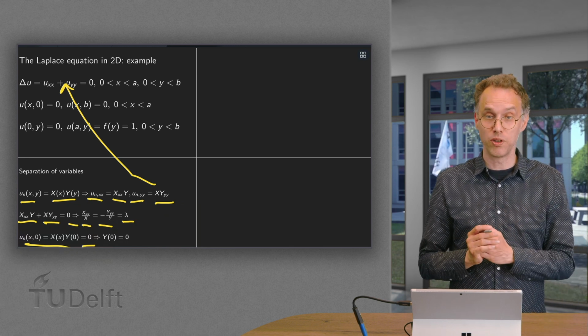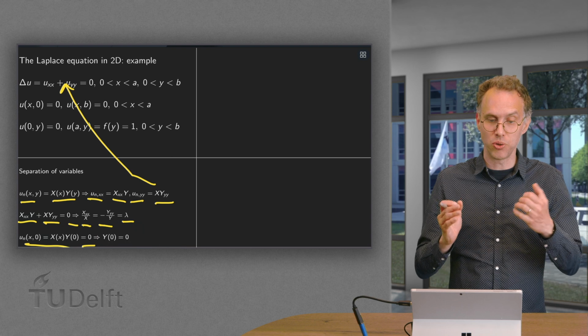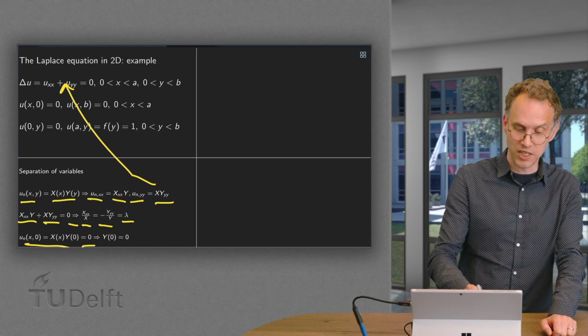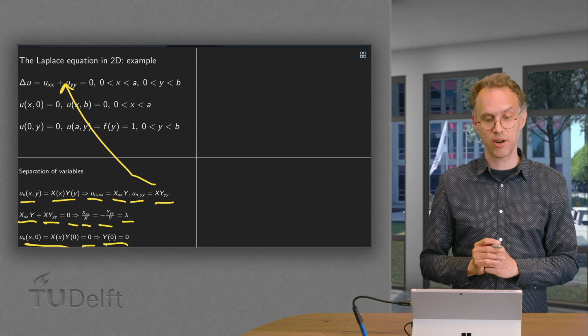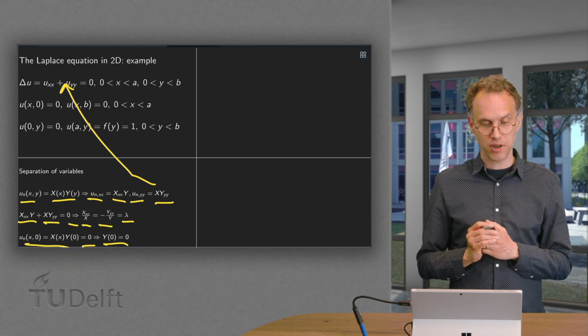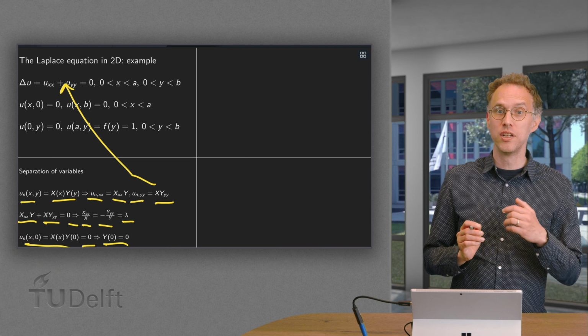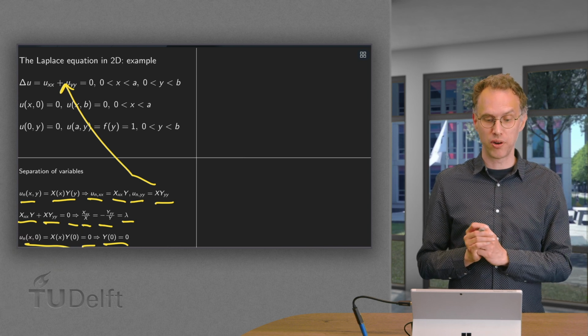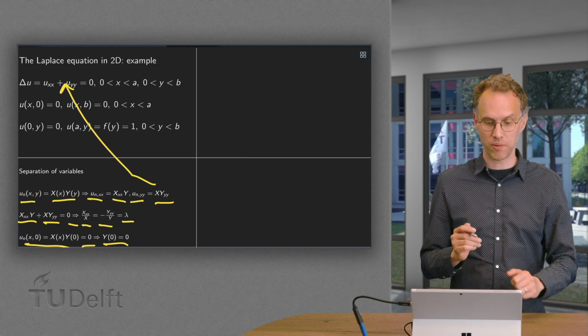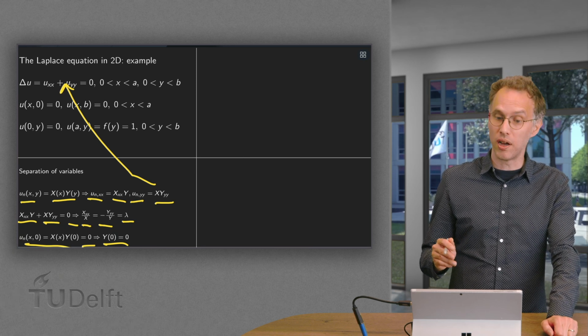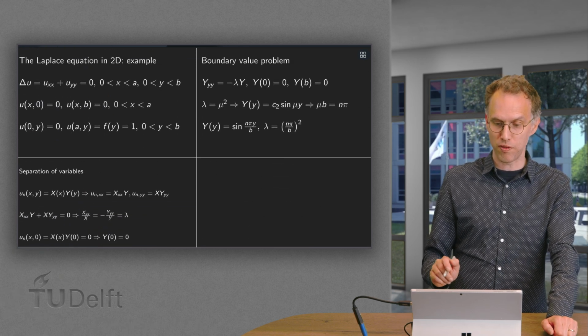So if this needs to hold for all x, this means that Y(0) equals 0. And similarly at y equals b, so you have Y(0) equals 0 and Y(b) equals 0. That will give you a boundary value problem for Y(y).